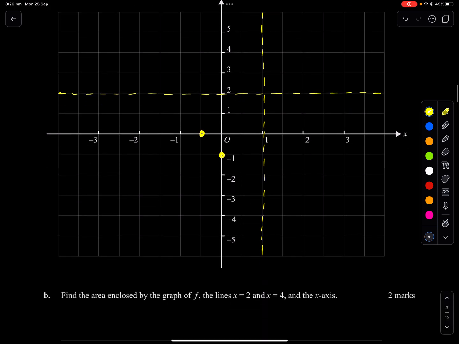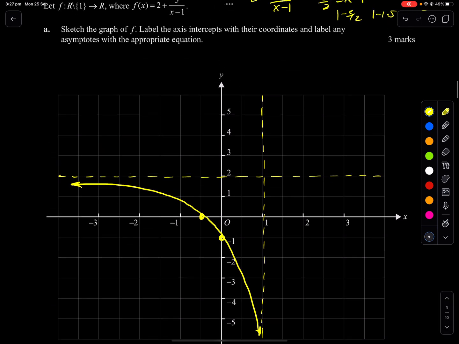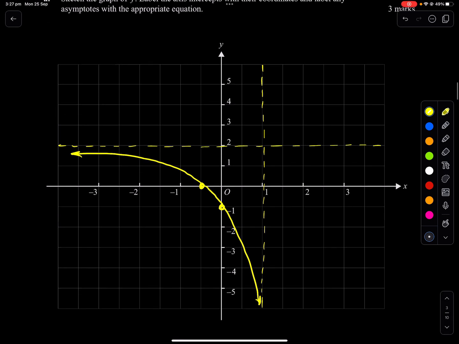Okay, so I'm just going to nicely draw it like this, crossing over here. And I want to make sure the two sides are equidistant.